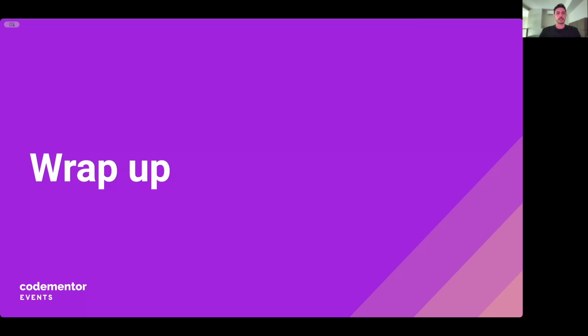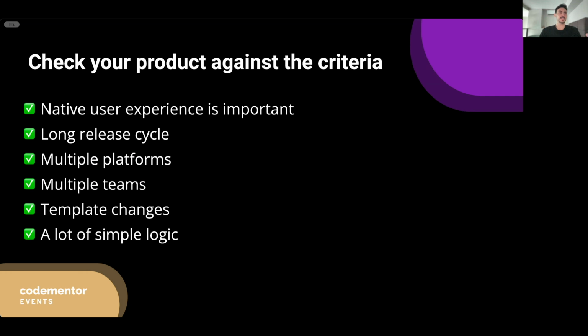So, in conclusion, I'd like to give you a list of questions that you definitely should ask yourself when thinking about implementing something like that. How important is native UX for you? Do you have a long release cycle, and is it a big problem for you? Do you have multiple platforms and also multiple teams working inside one product?